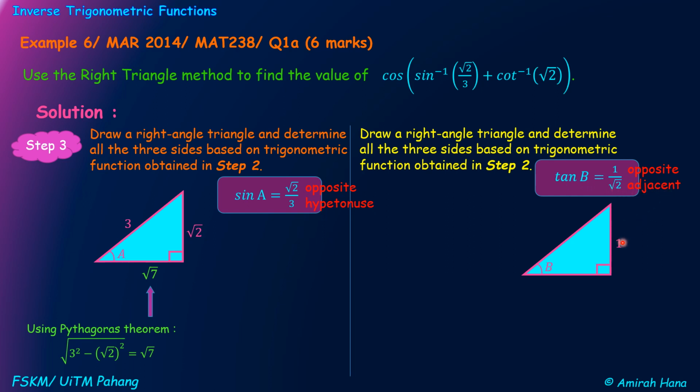So we can put 1 here and sec 2 here. Then we need to find the hypotenuse using Pythagoras theorem. So using Pythagoras theorem, we have square root of 1 squared plus sec 2 squared, and after we simplify, we get sec 3. So we can put sec 3 here.